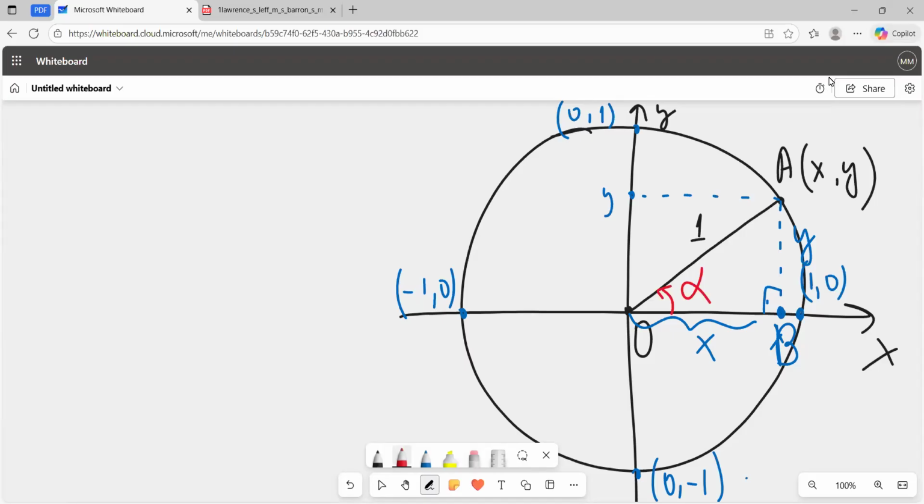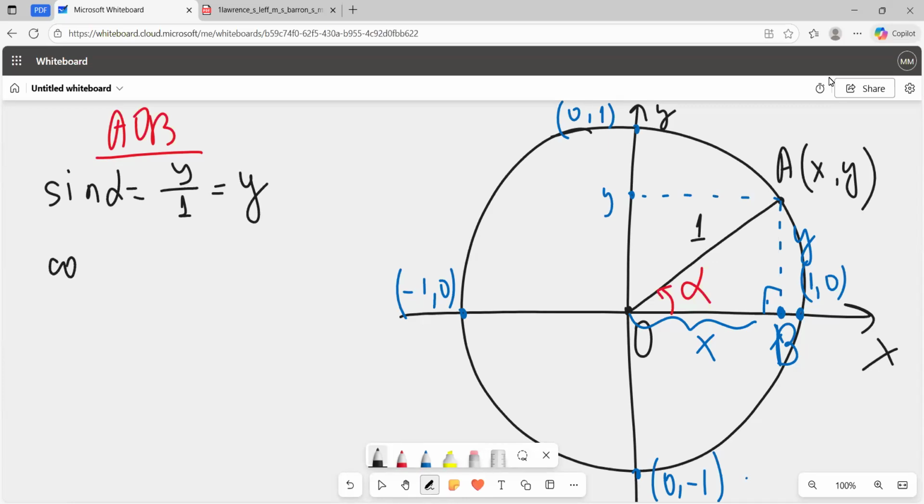Then by definition of sine, cosine, and tangent, we can write sine of alpha is equal to y divided by 1, which is equal to y, and cosine of alpha is equal to x divided by 1, which is equal to x, and tangent of alpha is equal to what? Y divided by x.